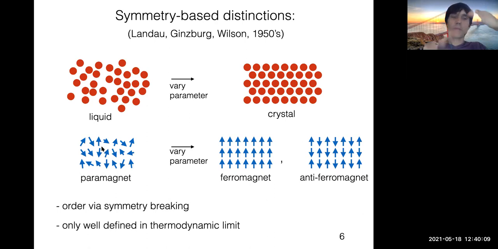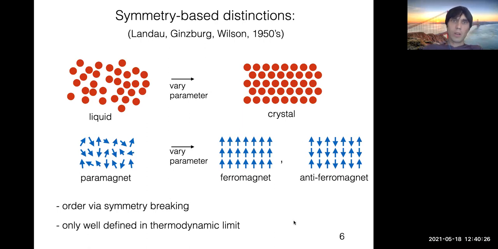The system on the left is really a superposition of all these disordered configurations. But because there's no preferred direction on the left side, the system has more symmetry here. This is the full spin rotation symmetry, but on the right it has less symmetry.